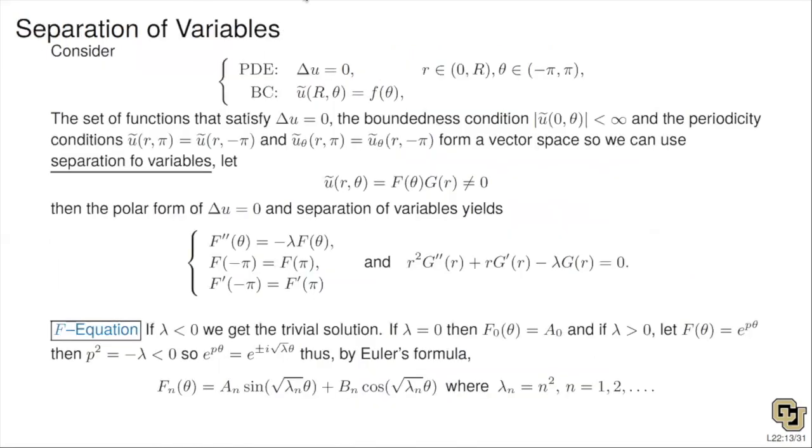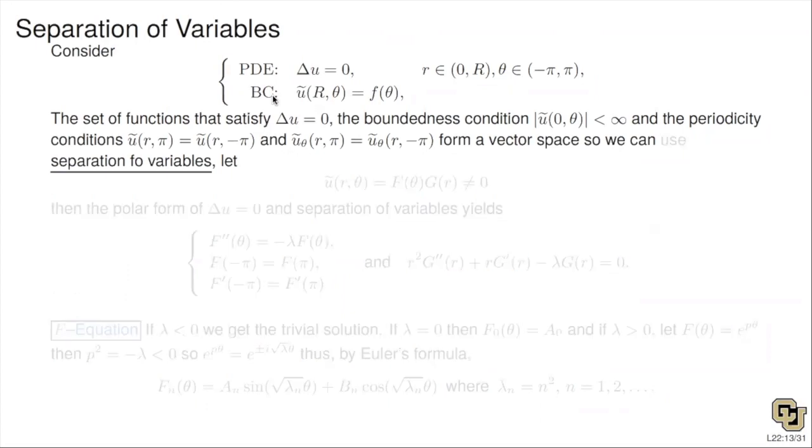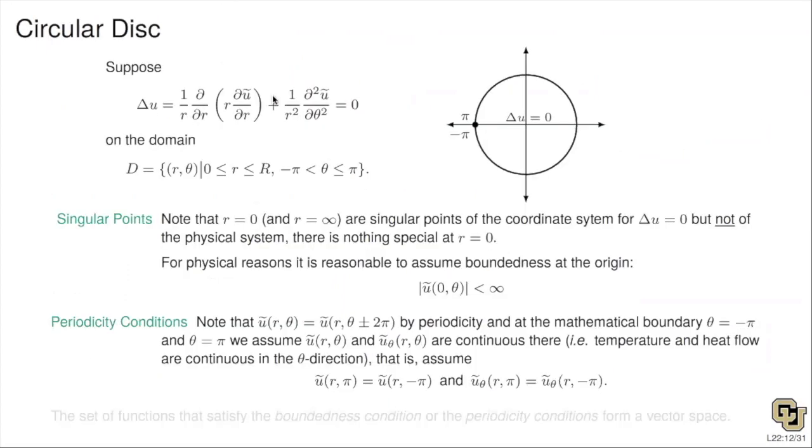This equation, by the way, is the result of plugging this assumption into the polar form of the PDE. I didn't show those details, but it's not difficult. It's very much like regular separation of variables.